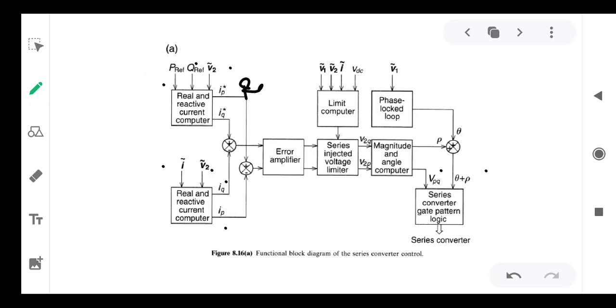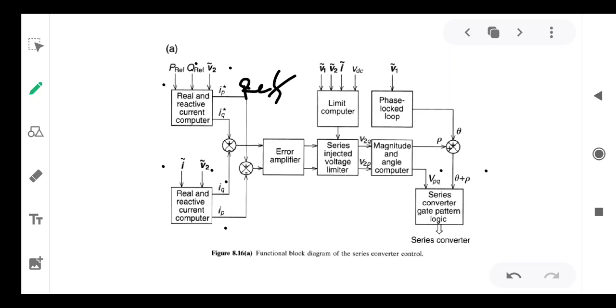These are the reference signals. IP reference and IQ reference are taken from this block, and those signals are compared with the IQ and IP actual values, and these errors are given to the error amplifier in order to amplify the signal.